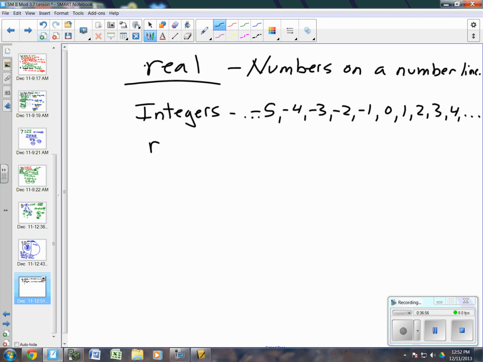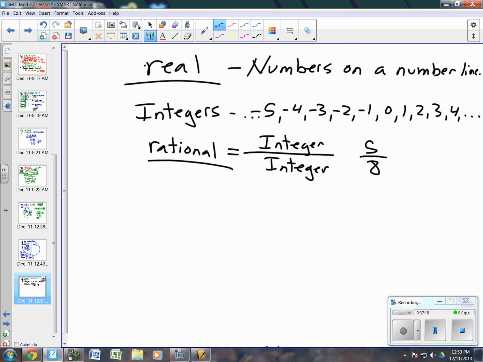A rational number is equal to an integer divided by an integer. For example, 5 over 8 is a rational number because you have the integer 5 divided by the integer 8. Rational.